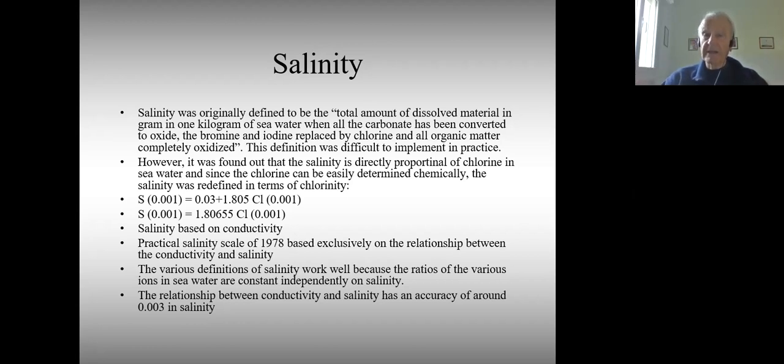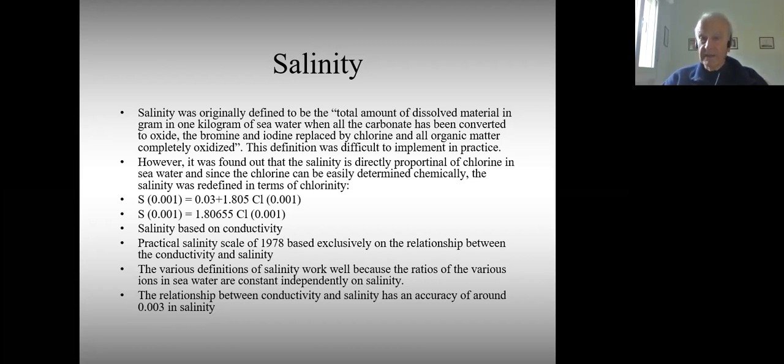So the salinity based on conductivity, and a practical salinity scale of 78. In 1978, there was a first definition of the practical salinity based exclusively on the relationship between the conductivity and salinity.